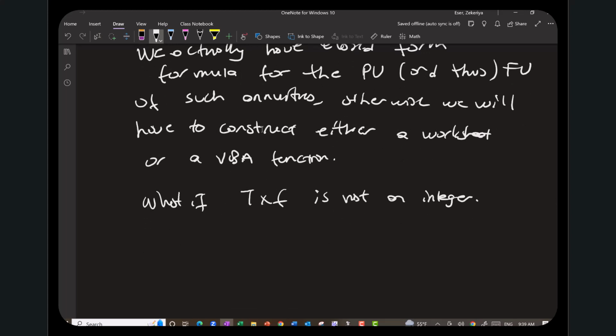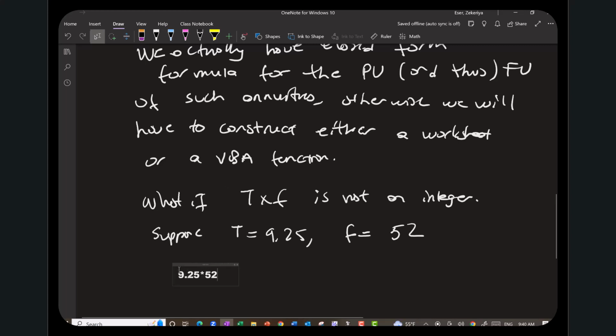Let's do, for example, suppose T is 9.25 and F is, let's call it 52. Actually, that'll make it an integer, I think. Well, I don't have to guess. 9.25 times 52. Oh, that is an integer.